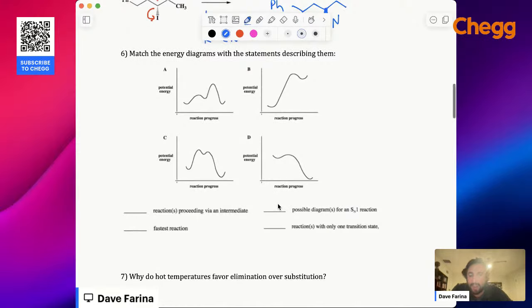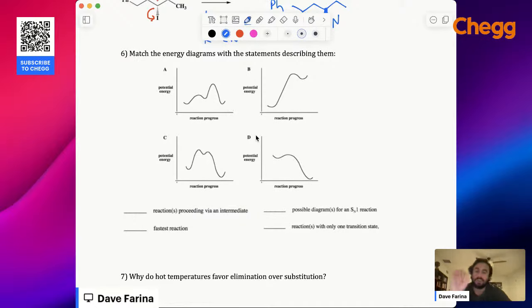Remember, any reaction is going to have an activation energy: there are reactants, an activation energy up to a transition state, and then it goes down to products. Reactants and products, one will sit higher than the other depending on whether it's endothermic or exothermic, or in this case exergonic or endergonic, depending on if we're talking about enthalpy or Gibbs free energy.